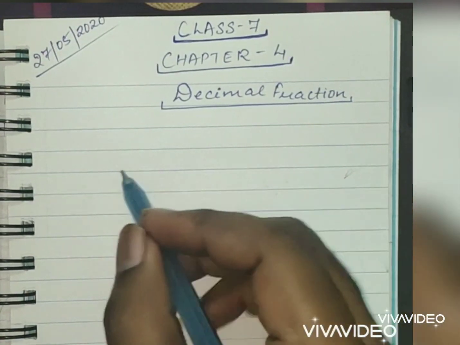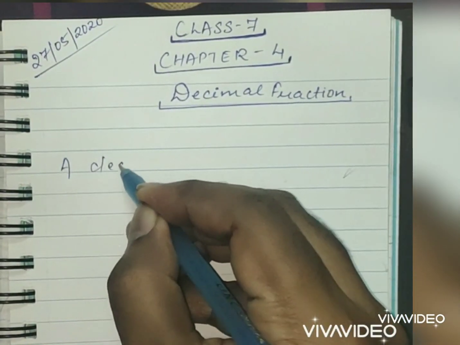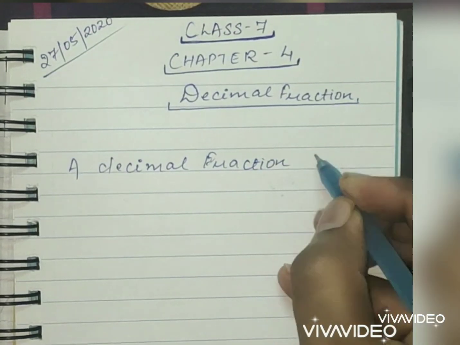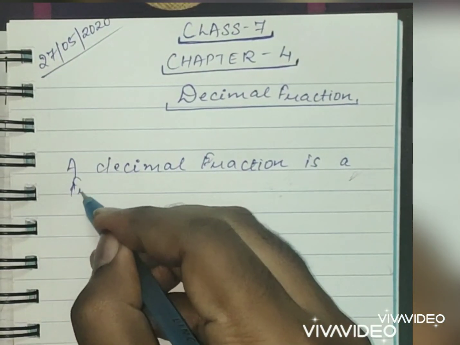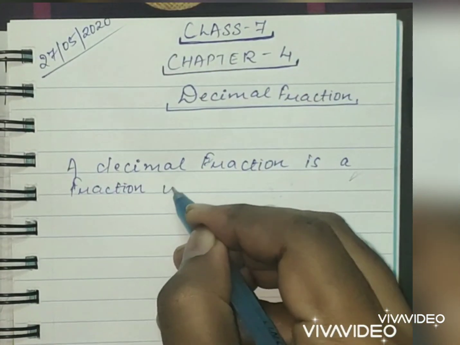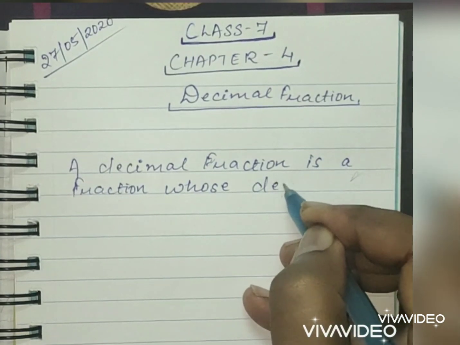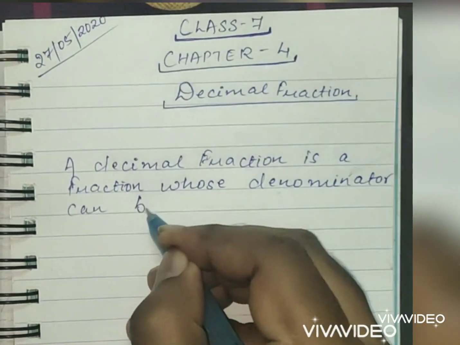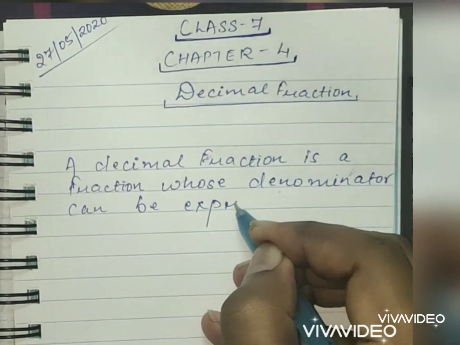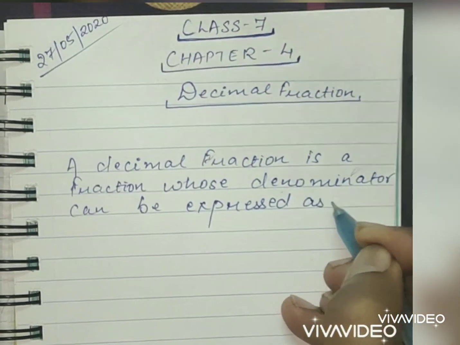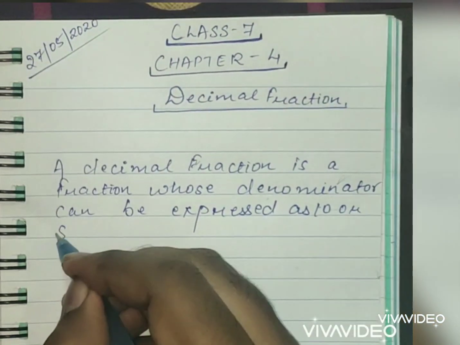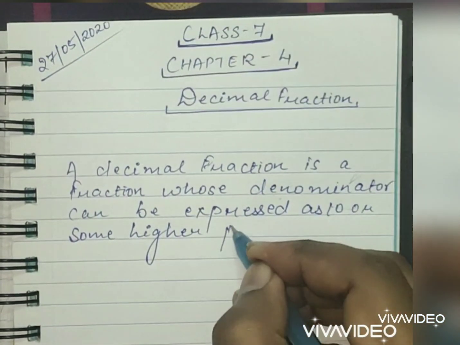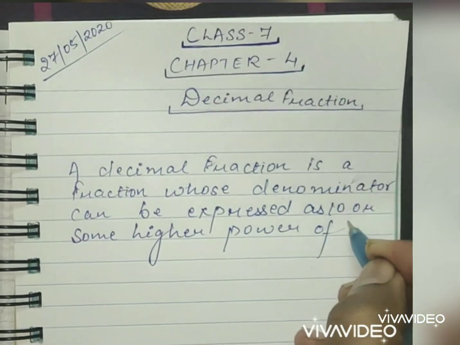So what do you mean by a decimal fraction? A decimal fraction is a fraction whose denominator can be expressed as 10 or some higher power of 10.